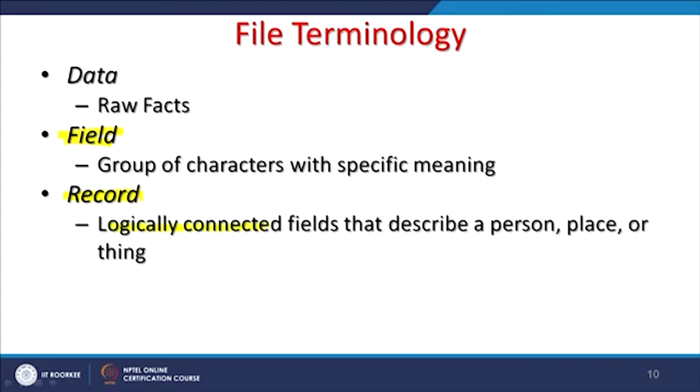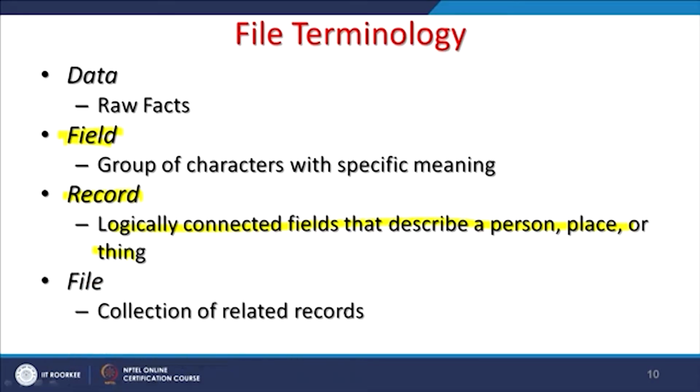So logically connected fields that describe a person, place or thing, that is also a record, and overall this information is kept. A collection of related records is a file. Now these terms are still being used, though the file system is not used in GIS databases.